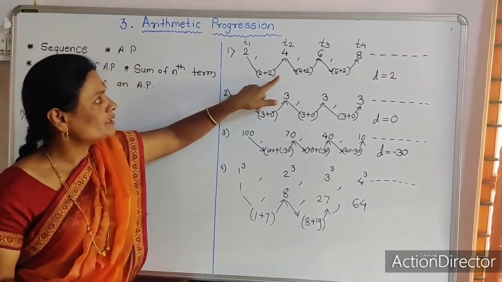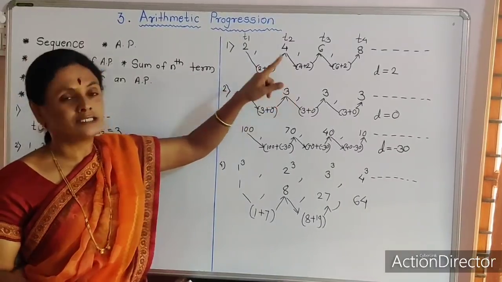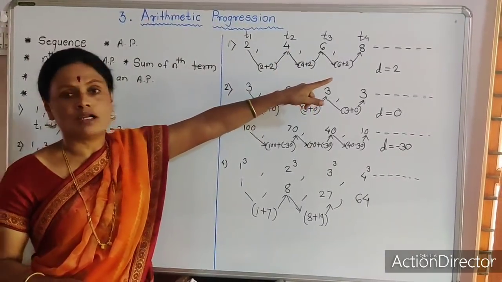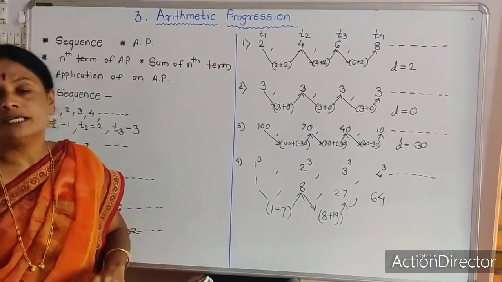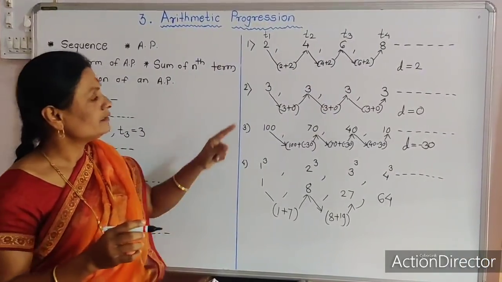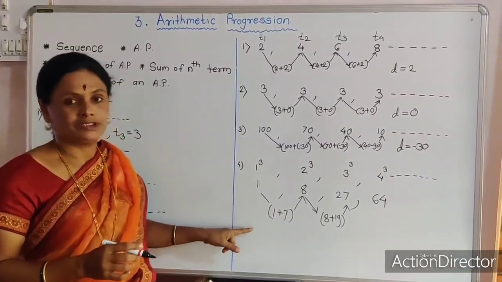We get the common difference 2 each time. That is, the difference is the same. Therefore, it is called the common difference. And when common difference D is constant, then that sequence is an arithmetic progression.